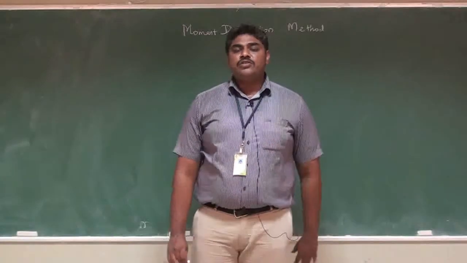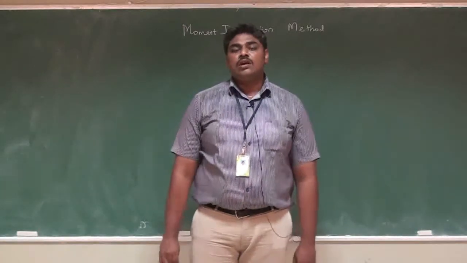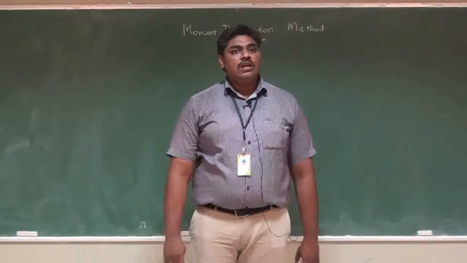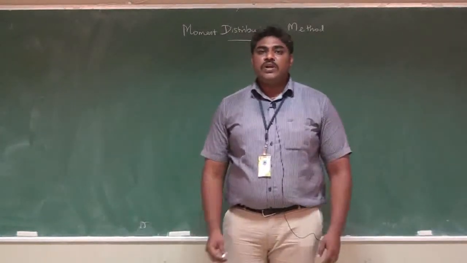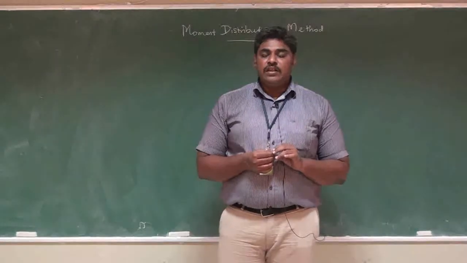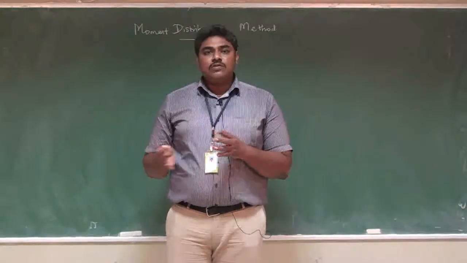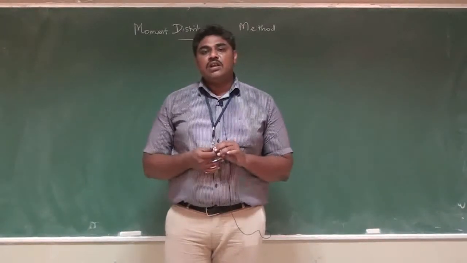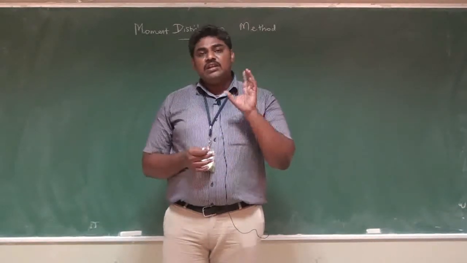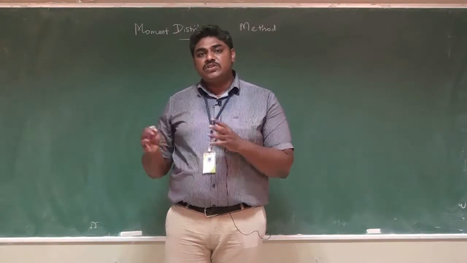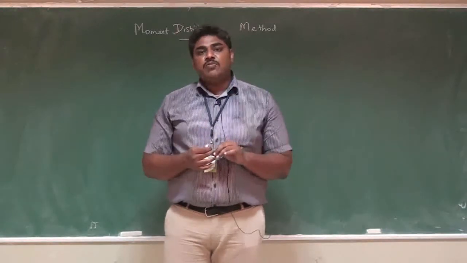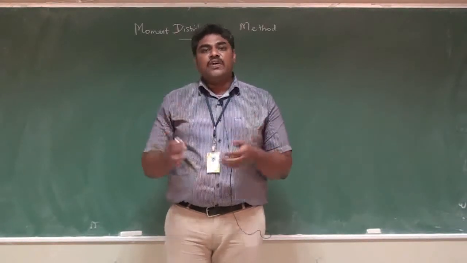So here in the moment distribution method, normally we should know when it was discovered. This method was first introduced by Professor Hardy Cross in the year 1932, which is most probably related to slope deflection. In the slope deflection method, normally we get the moments in terms of an equation, and finally substituting the fixed end moments in this equation, you will get the final moments.